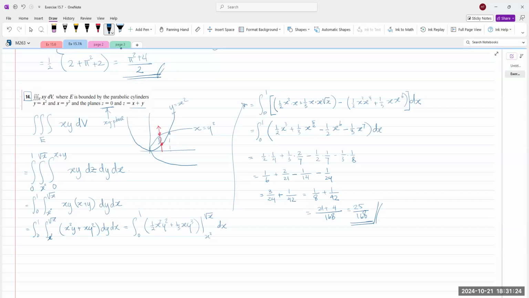Integrate. So far I'm okay. Here it's supposed to be 1/8. So times 3, so it becomes 2/24. So that's 1/12.